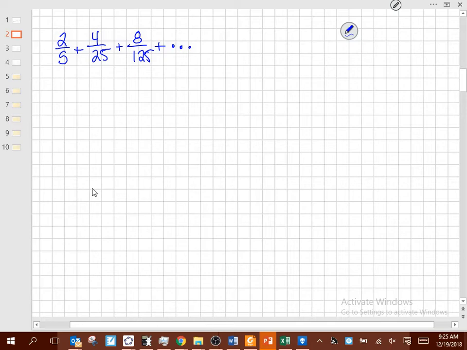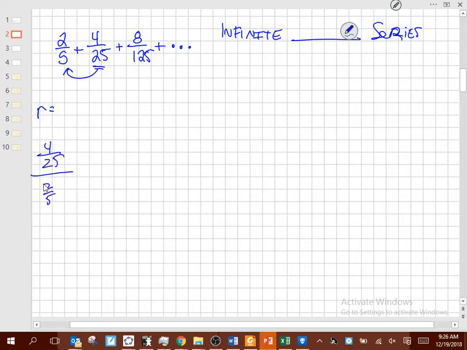So what we do here is realize that this is an infinite geometric series. The reason we know it's geometric: what would be the common ratio between that one and that one? 4/25 divided by 2/5, right?